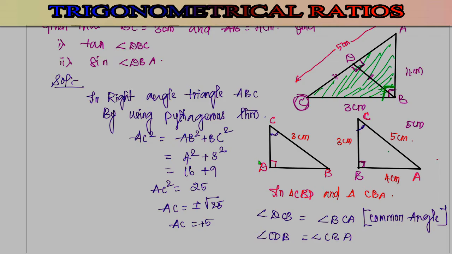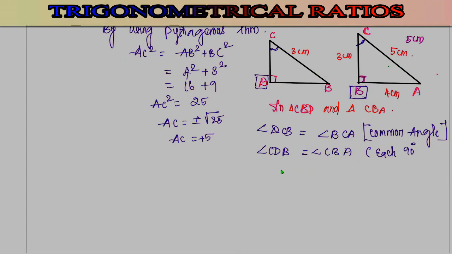So here CDB and here CBA, both are 90 degree, each 90 degree. And the next, if two angles of the triangles, the corresponding angles are equal, then even the third angle will also be equal.